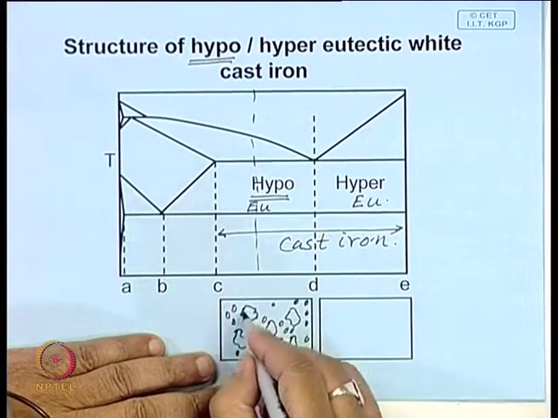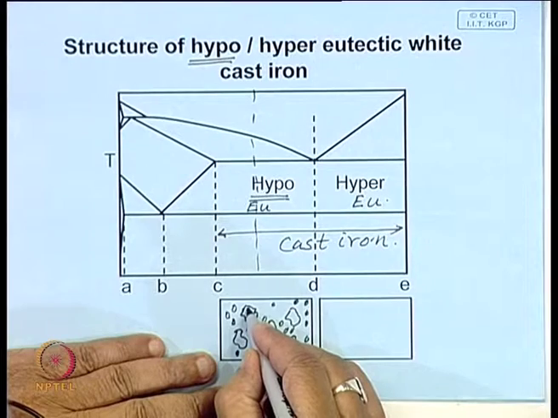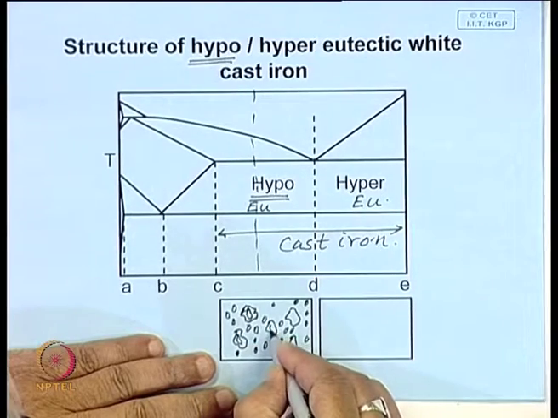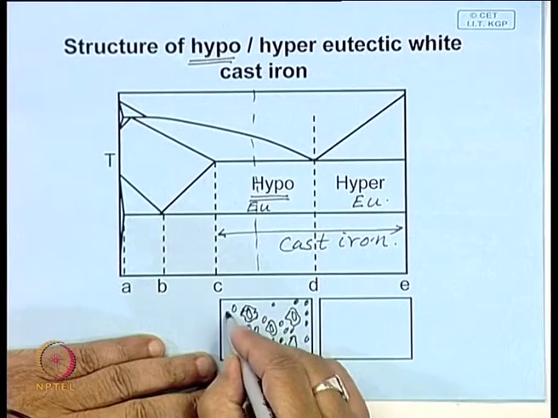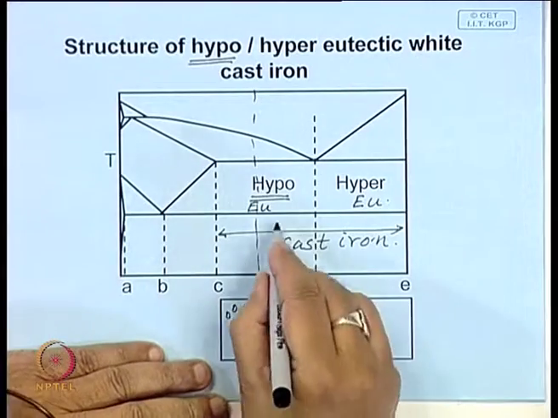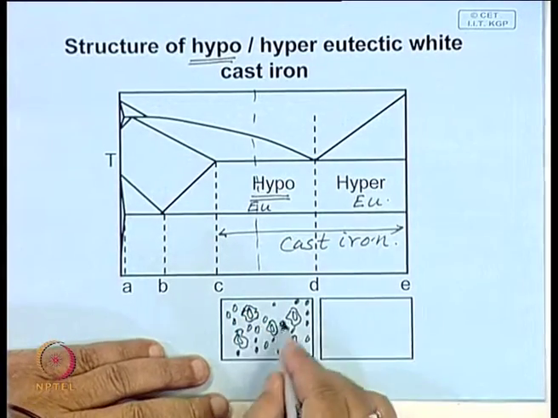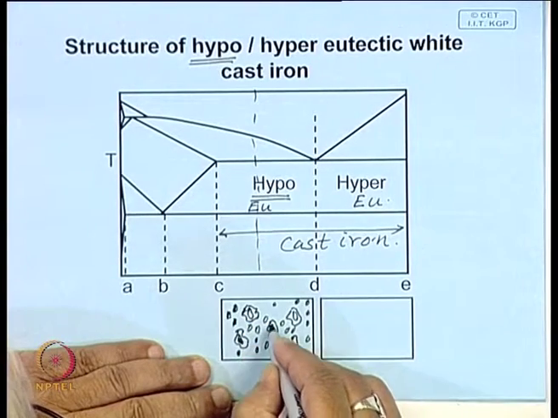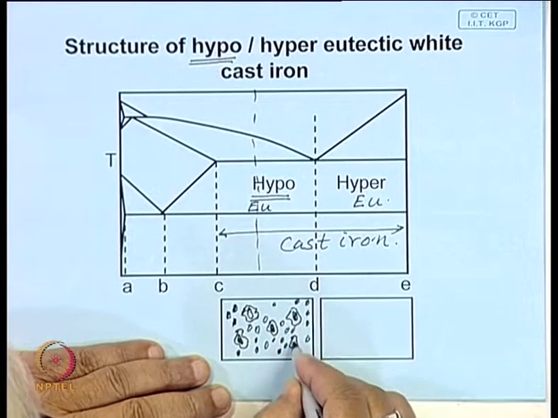And as you cool further, this austenite will shrink and some cementite will precipitate out. When the eutectoid temperature is crossed, all the untransformed austenite will get converted into pearlite.